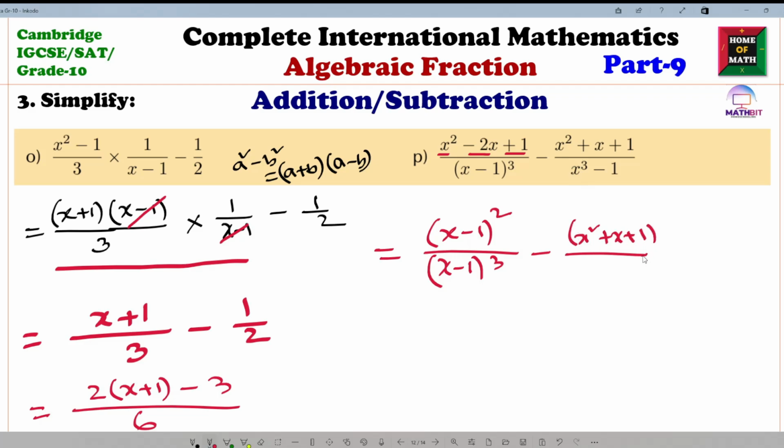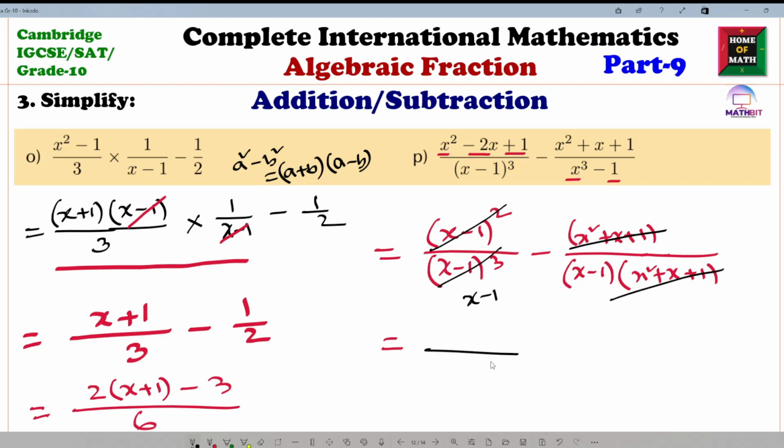We will not do anything here, but this one looks like a cube minus b cube, so we can write x minus 1 then x square plus x plus 1, the factorization of cube. Now we will cancel lots of things: x minus 1 cancels, and x square plus x plus 1 cancels.